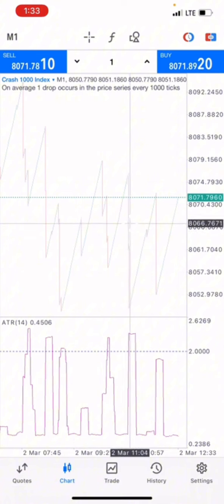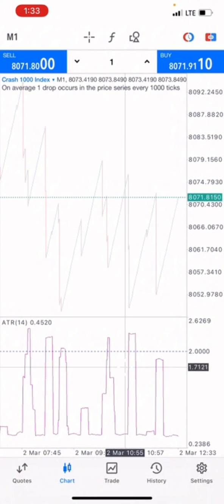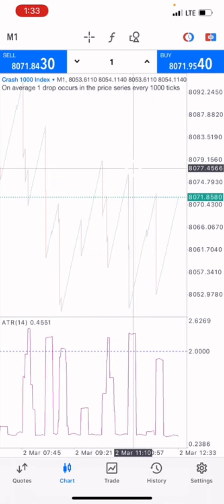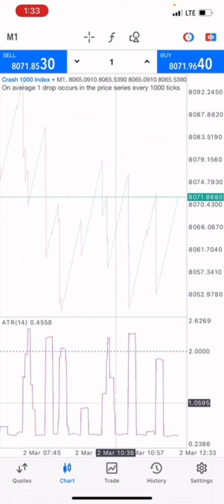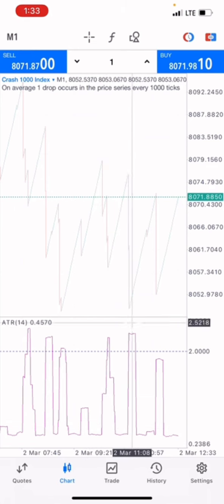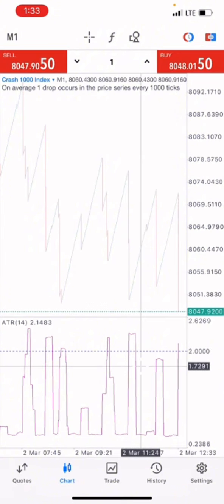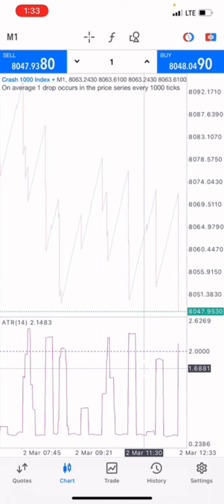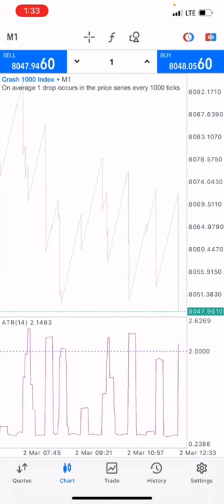I know the color is not red, but I'll call it red. You can see when the spike came, it pushed the red line to the upside, right? Good. And if you watch carefully, oh, we got another spike again. Perfect. Guys, this is a perfect opportunity for me to use this strategy for you.